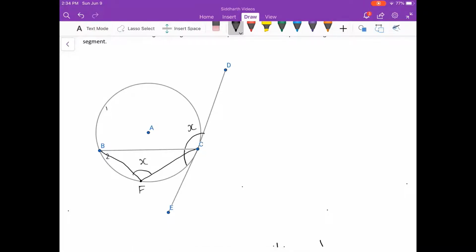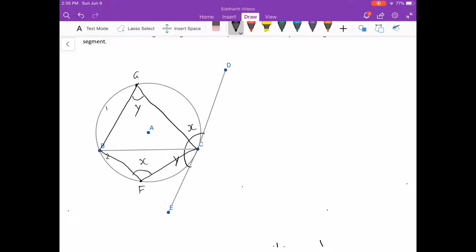Similarly, if I take angle BCF, which is in segment 2 as Y, and I pick a point G in segment 1, then this angle must also be Y.